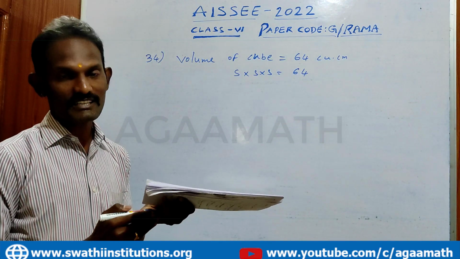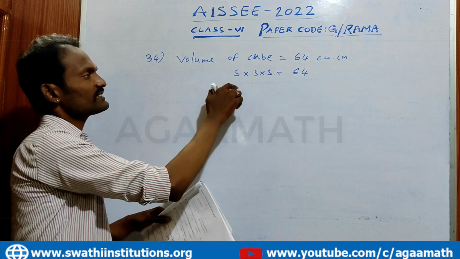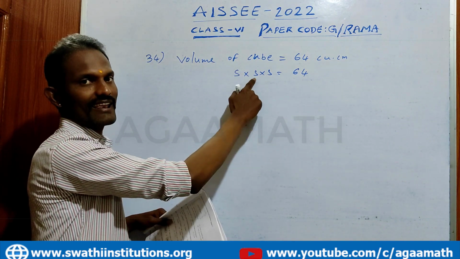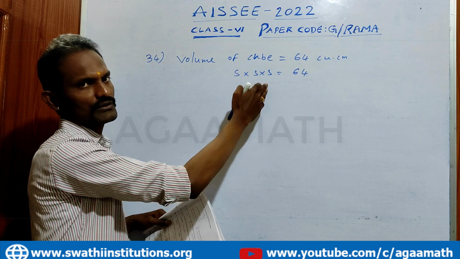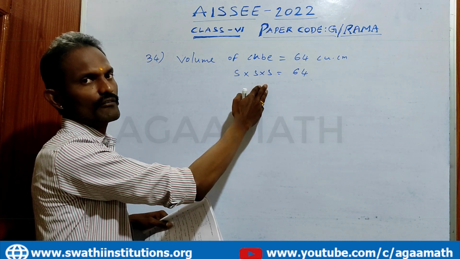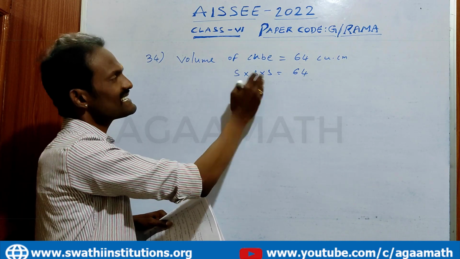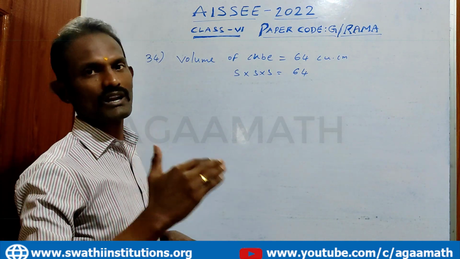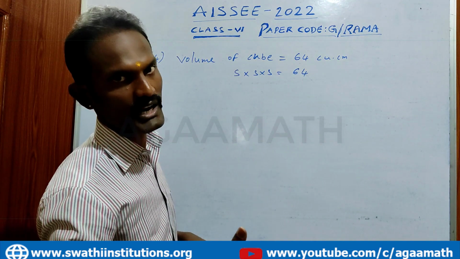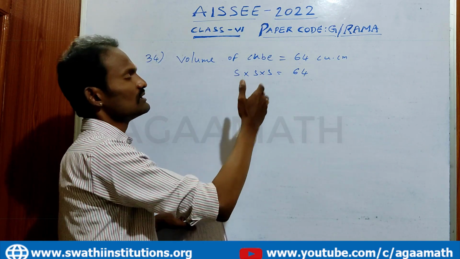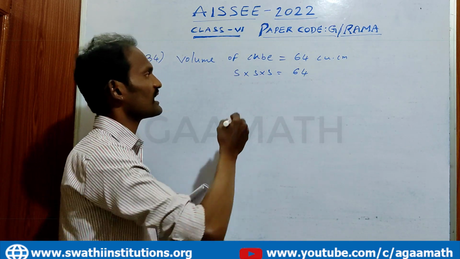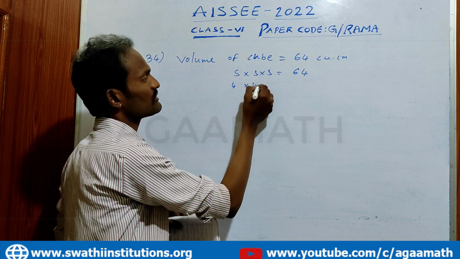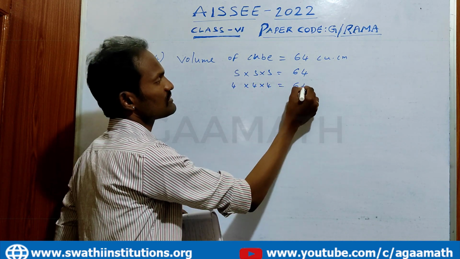Here S means L, you can use any variable for that. So which number should be multiplied by itself 3 times to get 64? Let us see, 1s give 1, 2s give 8, so when you check, it would be 4 times 4 times 4 equals 64.